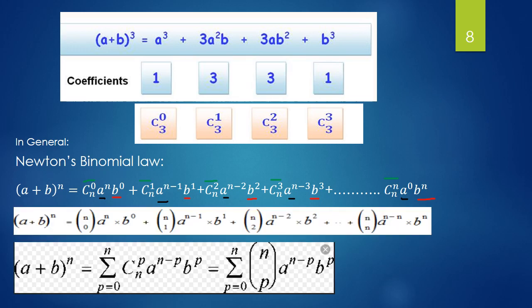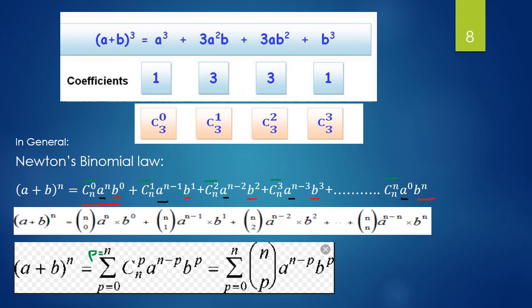We can write this rule (a + b)^n as the summation from p equals 0 to n of C(n,p) a^(n-p) b^p. That is, if p equals 0, we get C(n,0) a^n b^0.